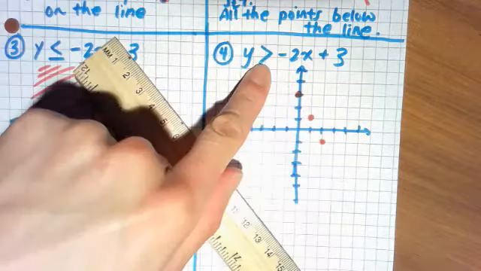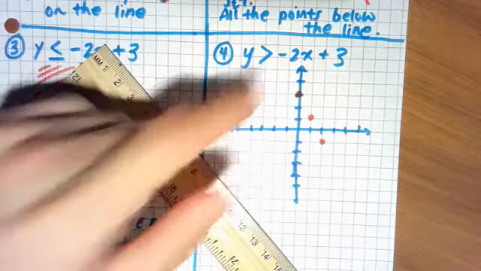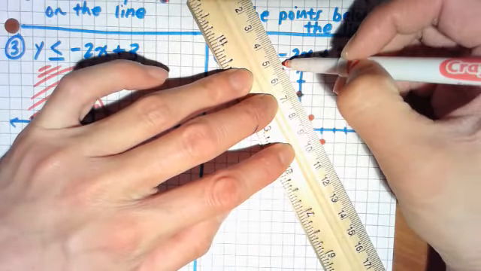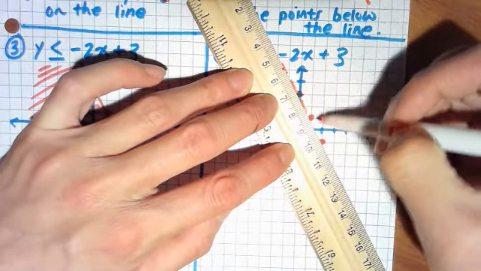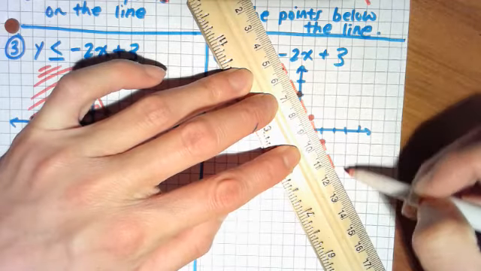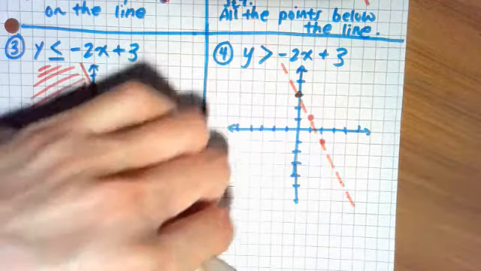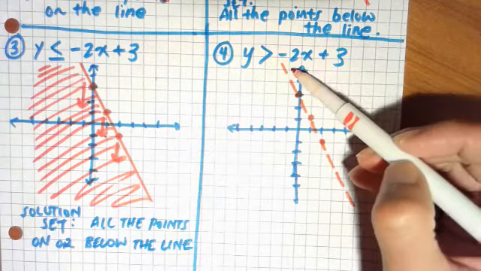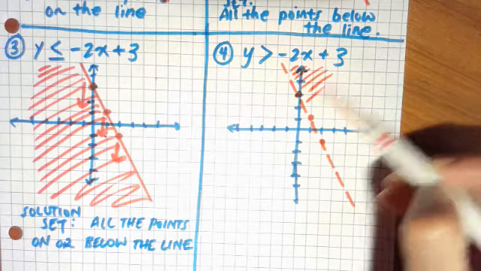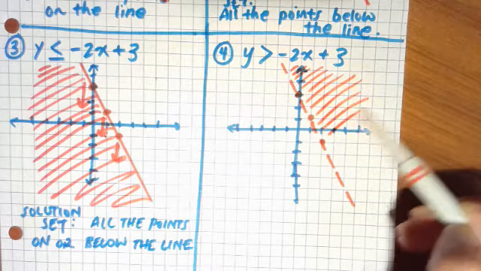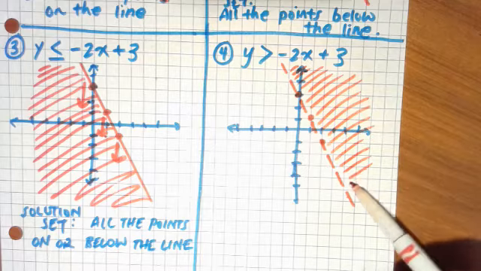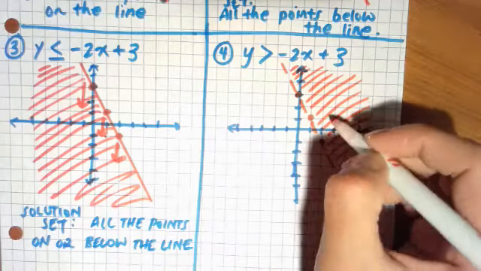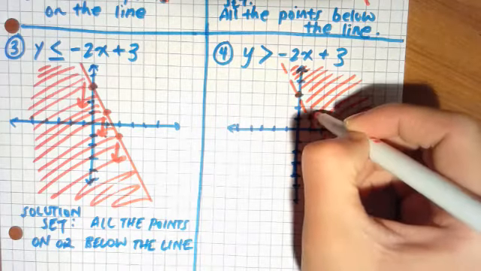Okay, since we now have greater than, for your reference points, let's do a dashed line. So not a fully connected one, a dashed line. Like that. And this time we're going to shade everything above our dashed line. And if you want, you can draw in reference arrows pointing up.